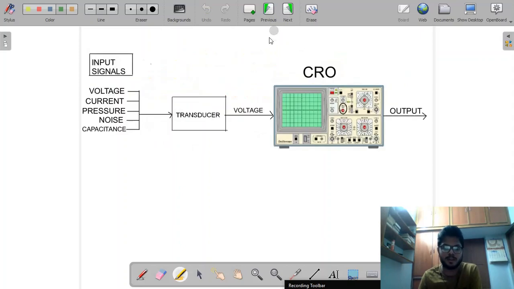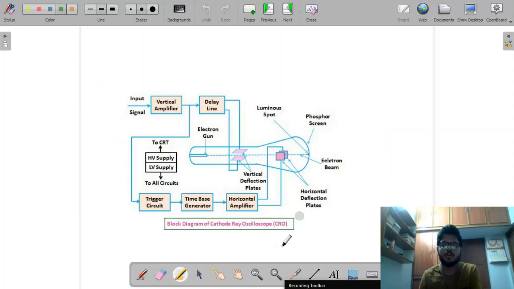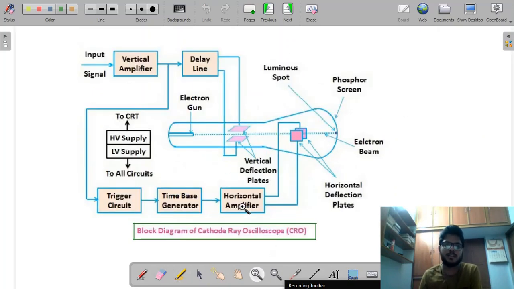Now see this image so that you get more clarity. We have input signals as voltage, current, pressure, noise, capacitance. These are passed to the transducer, and from there converted into voltage, and the signals are displayed here. Now, this is the general block diagram of the cathode ray oscilloscope.